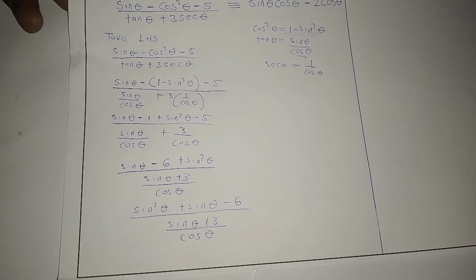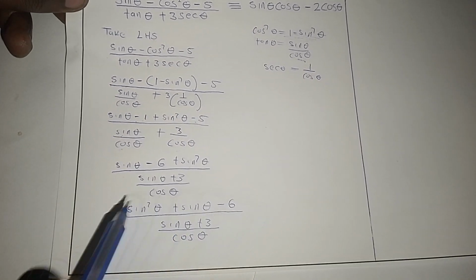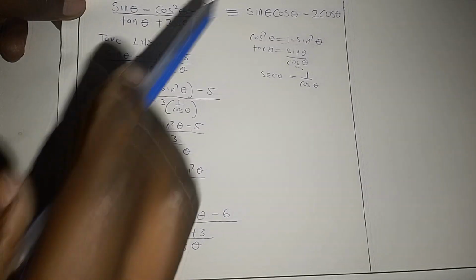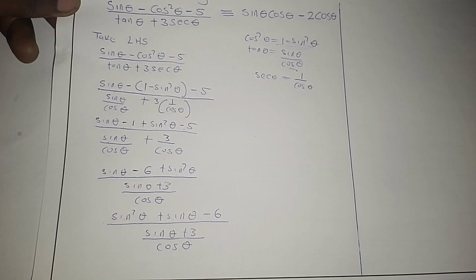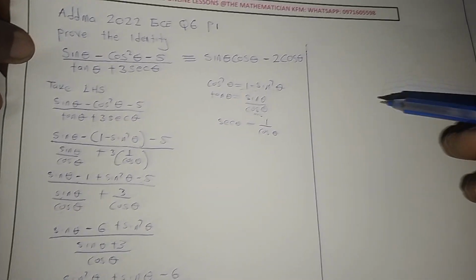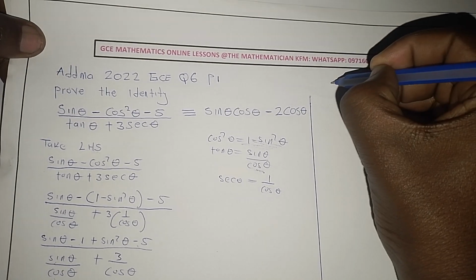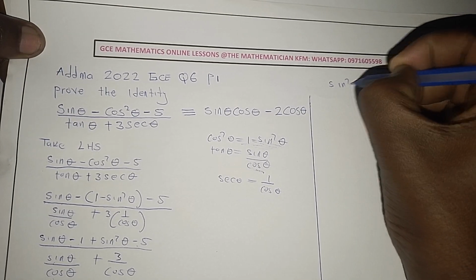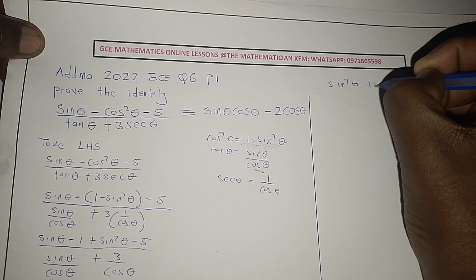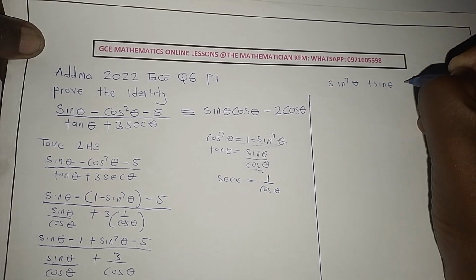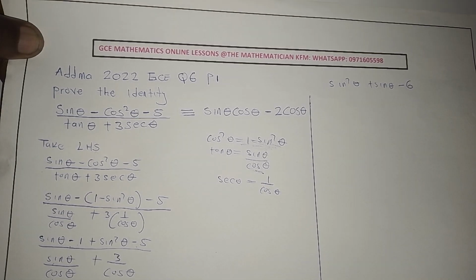I'm going to solve it in a simple way. This quadratic, I'll take it to this side for the sake of space, as I'm out of space. So I'll just rewrite it: sine theta squared plus sine theta minus 6.